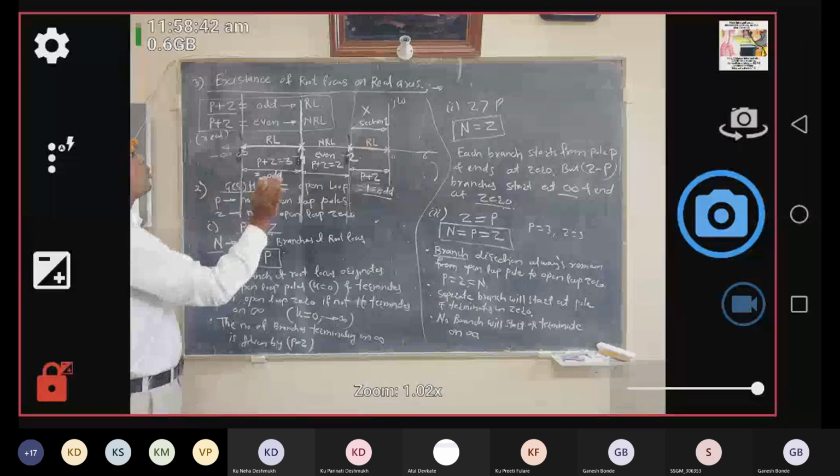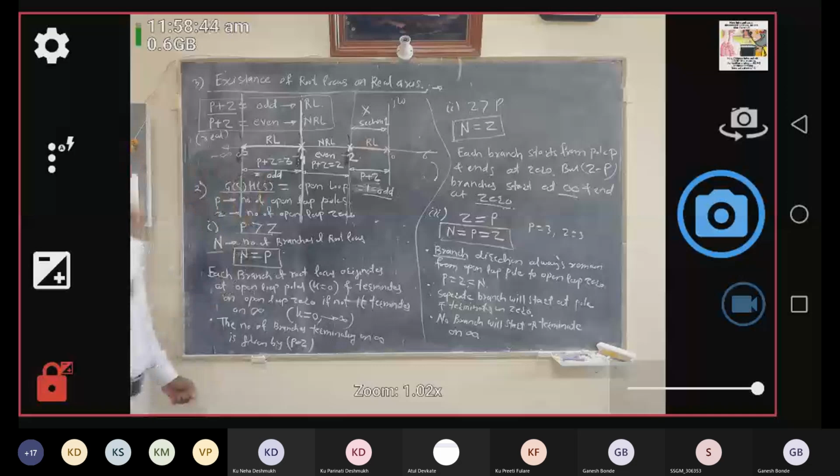You have to consider only poles and zeros along only real axis. So this is the test for determining the existence of root locus on real axis. So this is your step number 3. So please note down this example and show the part of root locus and non-root locus.